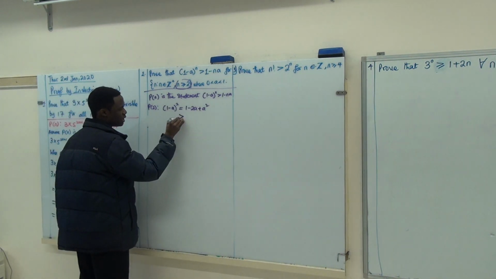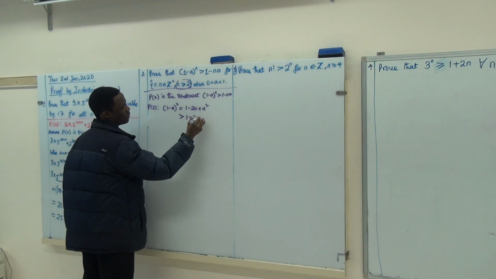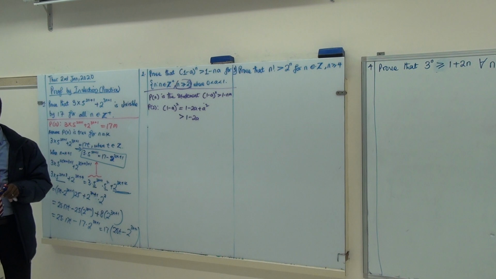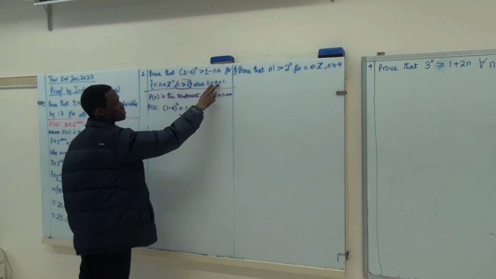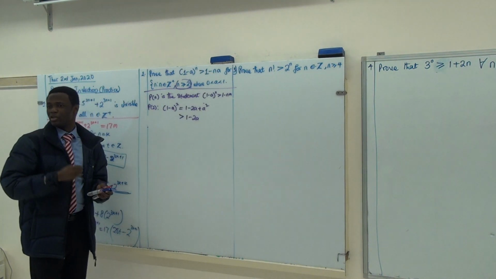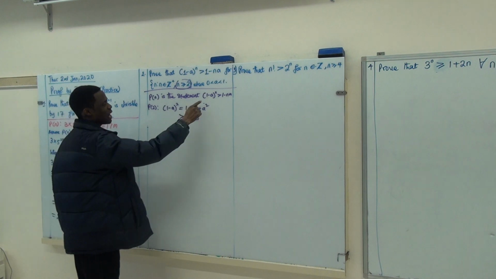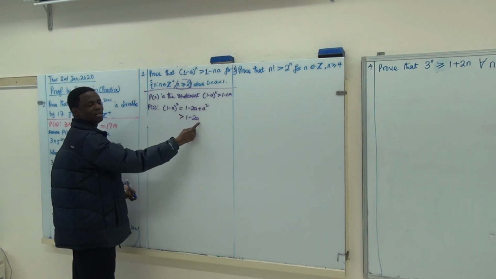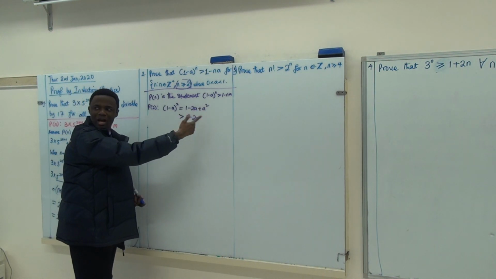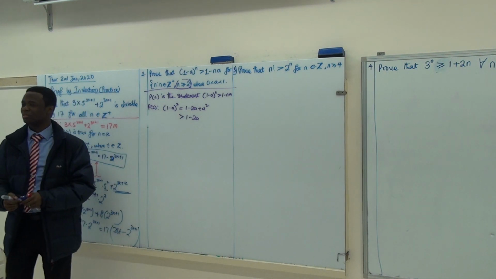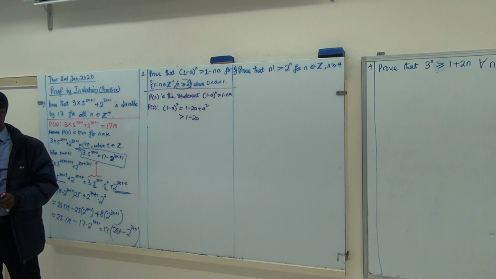Which is definitely greater than 1 minus 2a, because this is a positive term. It's a positive number, no matter how small a is between 0 and 1. When you square a fraction, you still get a positive number anyway. So this has an additional positive number, it will be greater than when it doesn't have the additional positive number. And this is what you want to show for n equal to 2.